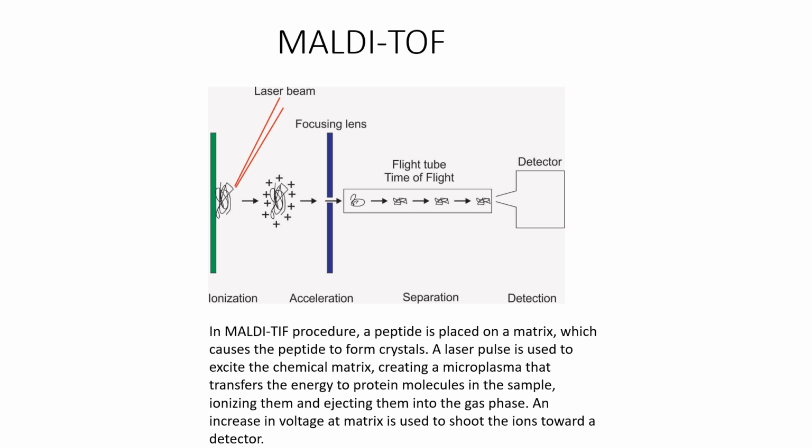Protein molecules that have picked up a single proton can be selected by the MS for mass analysis. This is because the time it takes an ion to reach the detector depends on its mass. The higher the mass, the longer the time of flight of the ion. In a MALDI-TOF MS, the ion can also be deflected with an electrostatic reflector that also focuses the ion beam.